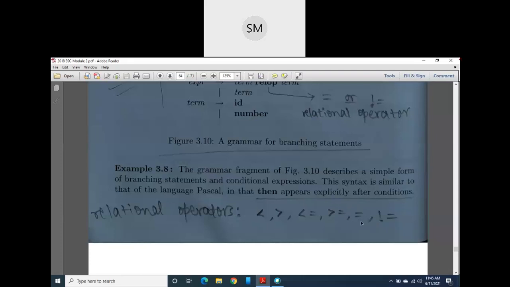Remember it. You may get a doubt here: why have you not used a double equal mark, since it is a relational operator? No, but it is the assignment operator. So in Pascal language, this assignment operator itself is called the equal operator. Remember.